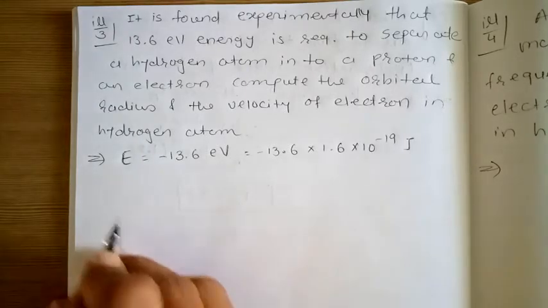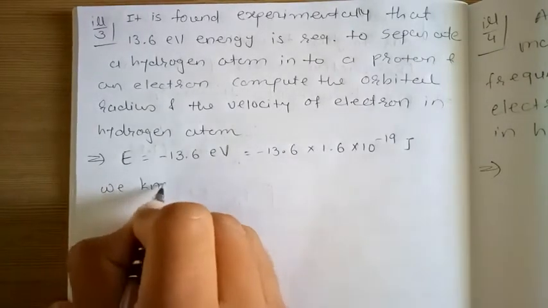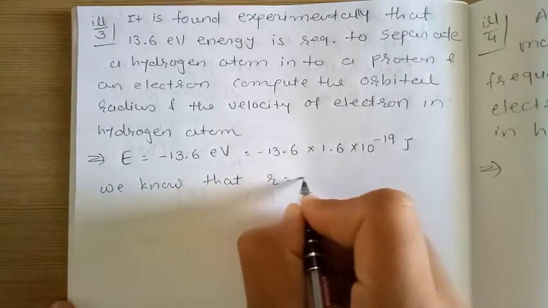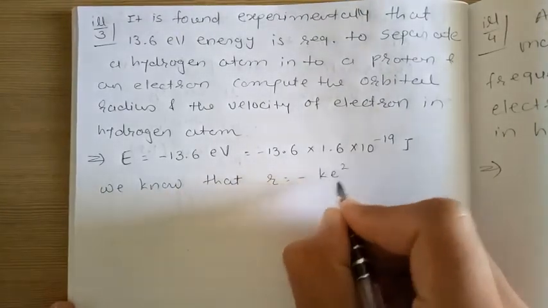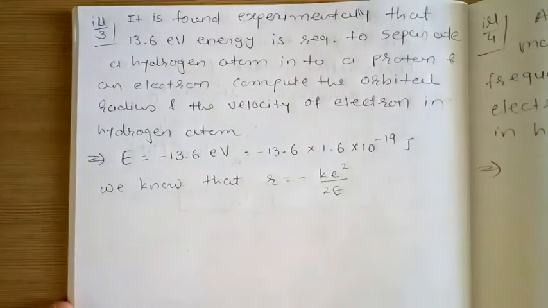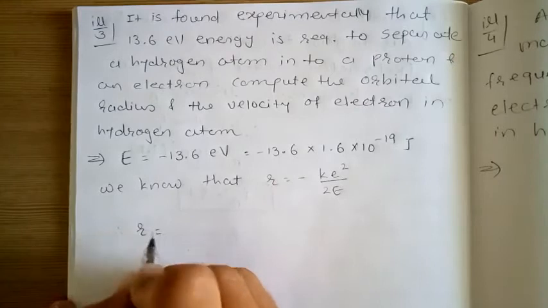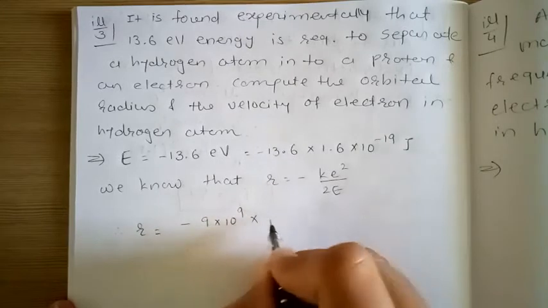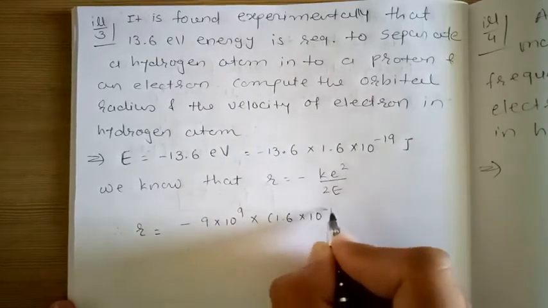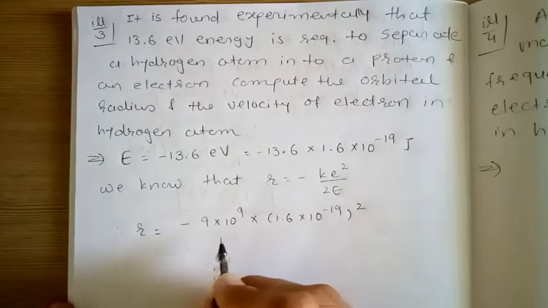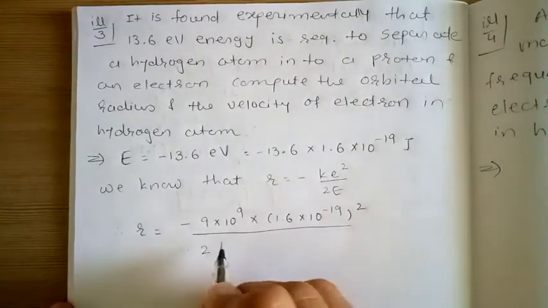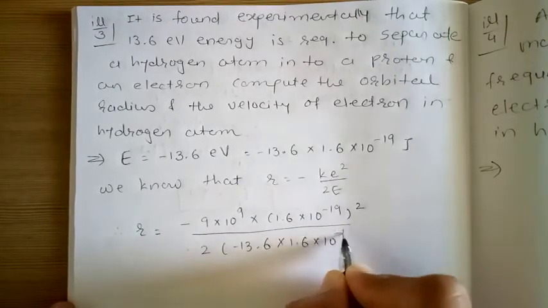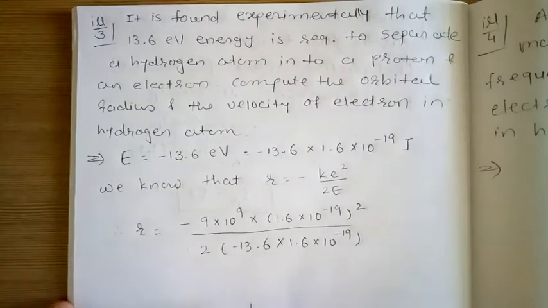So r is equal to minus k e square upon 2E. So r is equal to minus, value of k is 9 into 10 raised to 9, value of e is 1.6 into 10 raised to minus 19 whole square, upon 2 E, minus 13.6 into 1.6 into 10 raised to minus 19.